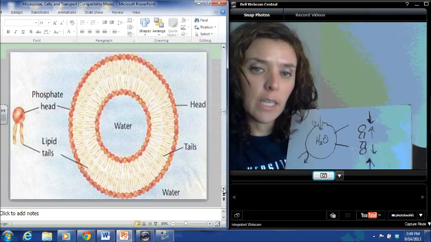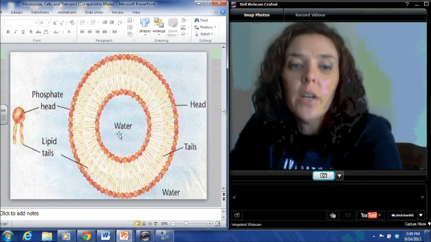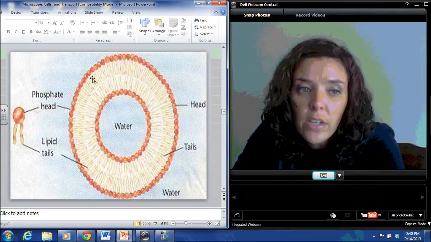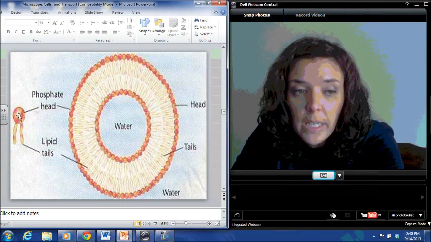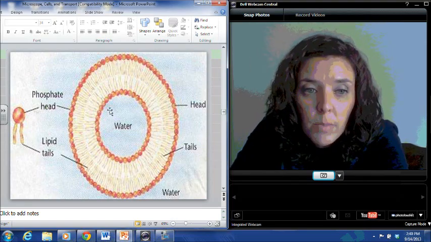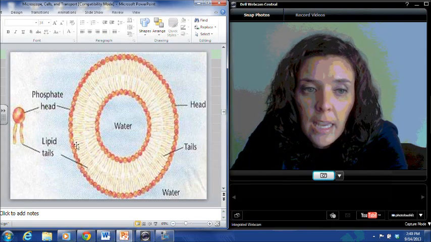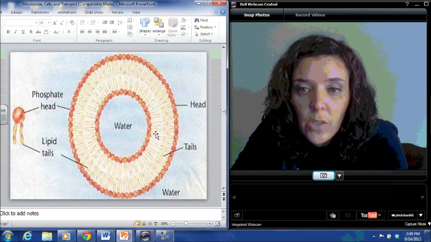Let's look at some pictures. Again, this shows that there is water on the inside and water on the outside. These heads are your phosphate heads, which are hydrophilic, and the tails are hydrophobic. The water is going to be attracted to the heads on the inside and on the outside, but the lipid tails are going to push it away.